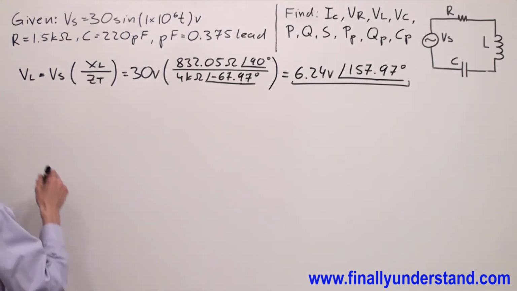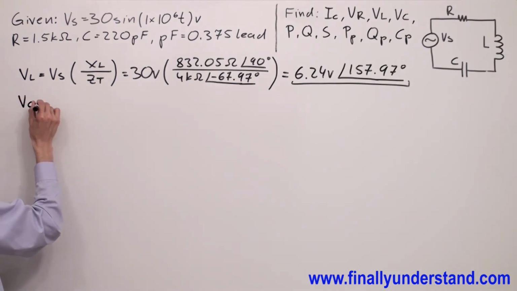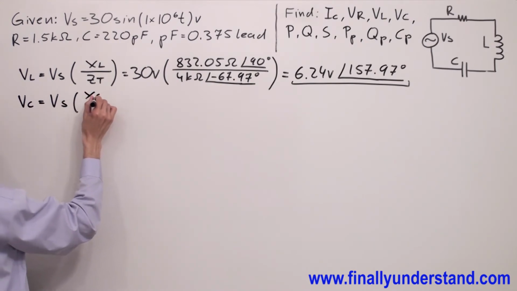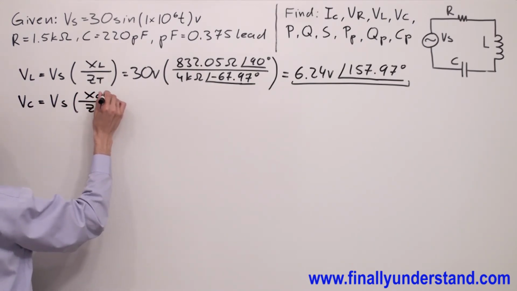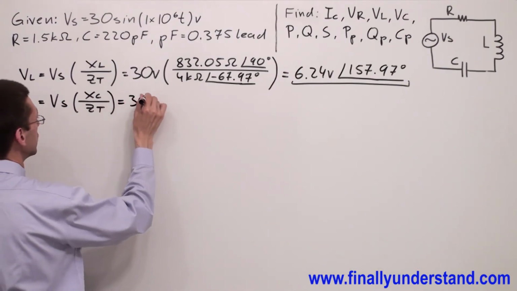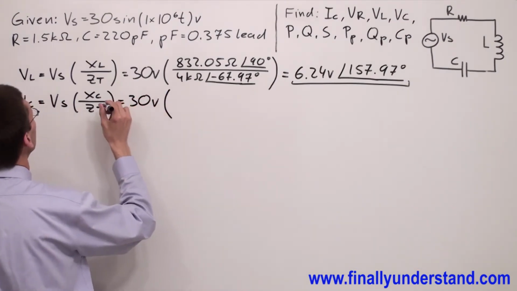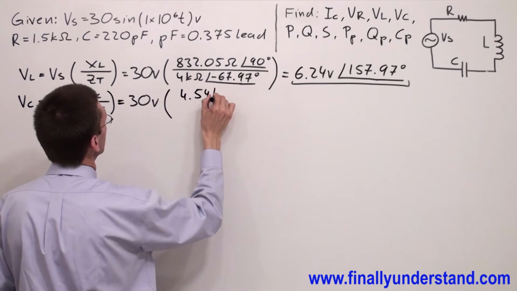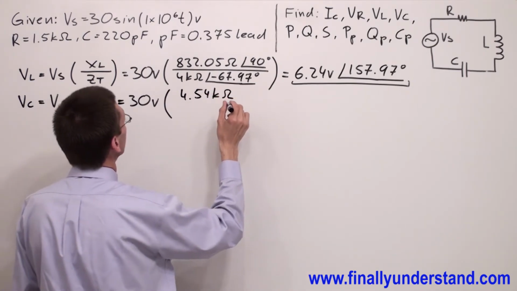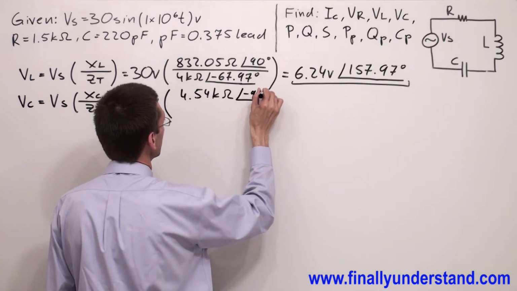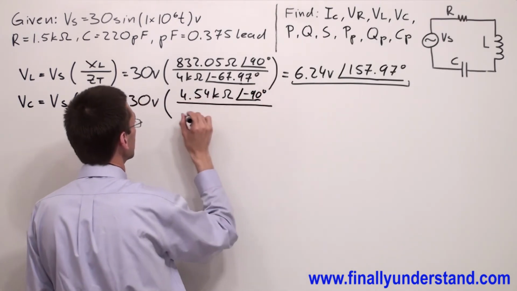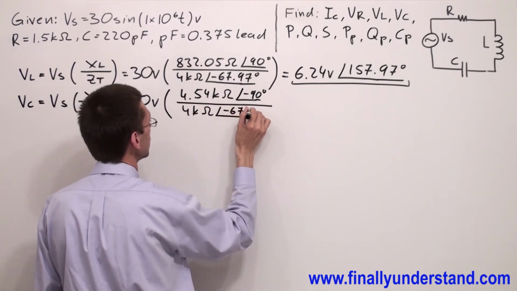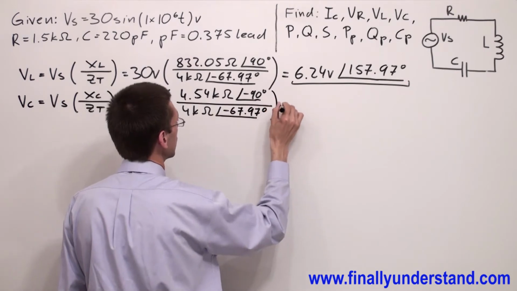Next, we're supposed to find the voltage across the capacitor. So VC is equal to voltage source times X of C over Z total. This is equal to 30 volts times X of C, 4.54 kiloohms and angle of negative 90 degrees, over Z total, which is equal to 4 kiloohms and angle of negative 67.97 degrees.